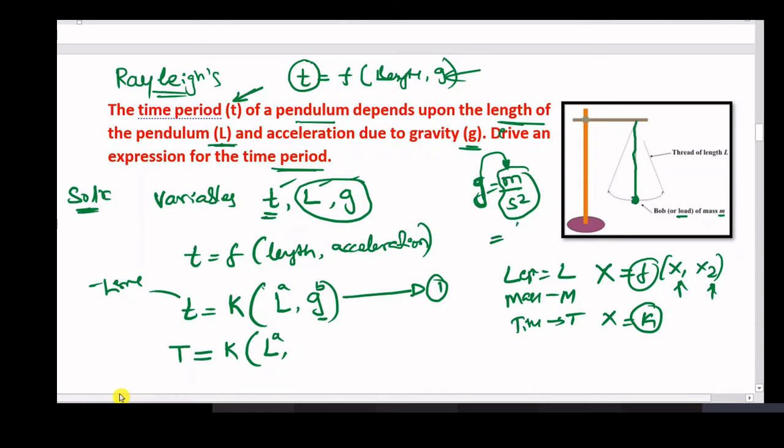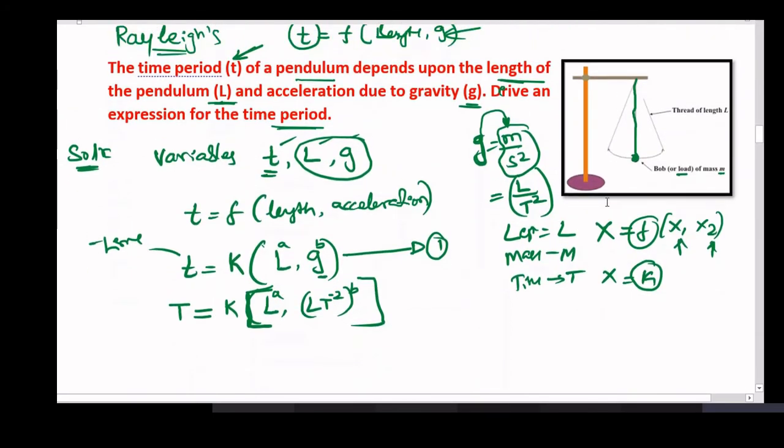Meter is L, that is length. Second square is time. So LT^-2, or L to the power of minus 2, to the power of b, I will write. So below equation number 1, I have written the dimensions of length as well as acceleration due to gravity.